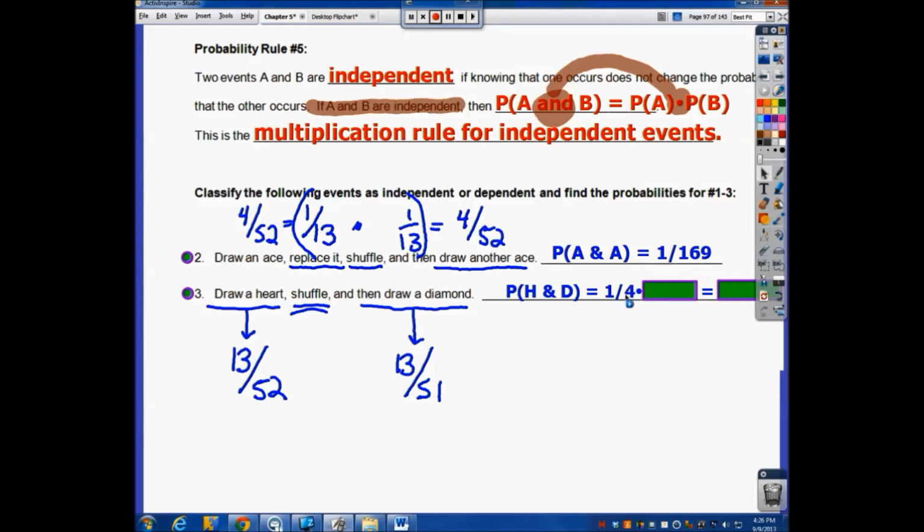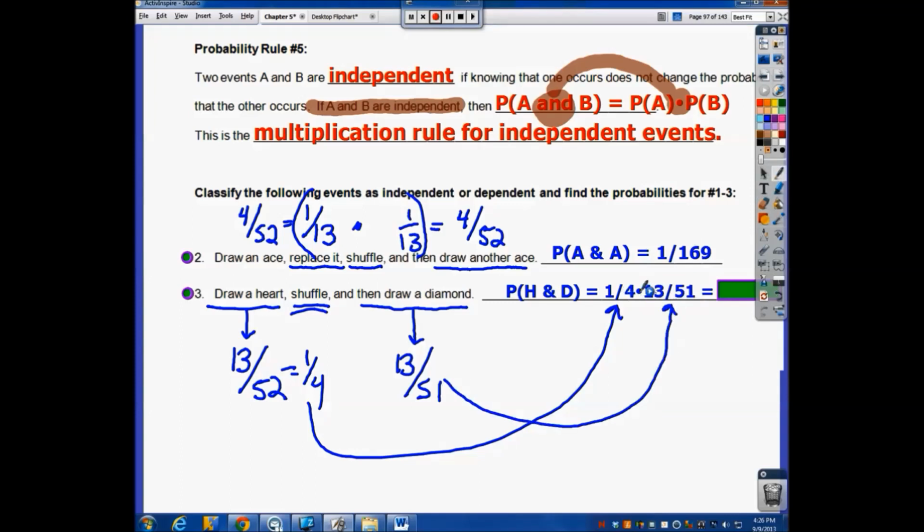So we can take 1/4, which is our 13 out of 52. That's where I'm getting this from, times 13 out of 51. So you can still multiply two events together as long as you take into consideration if events are really independent or not. So 1/4 times 13/51 makes 13 out of 204, simplified.